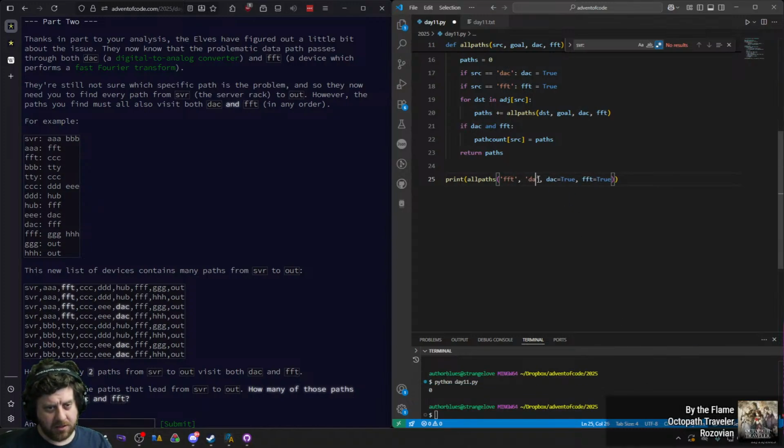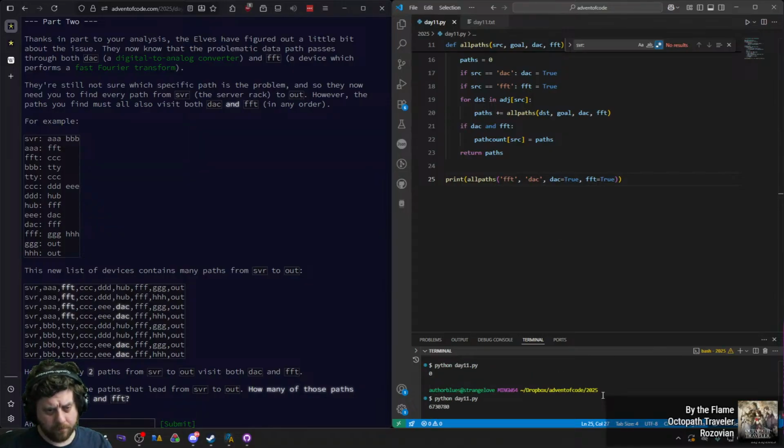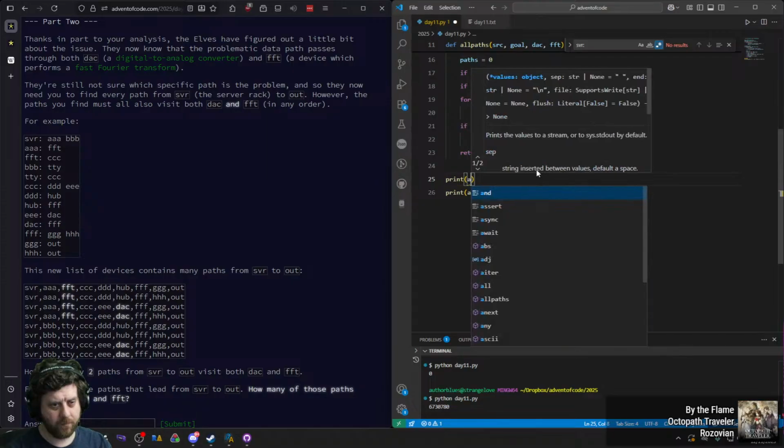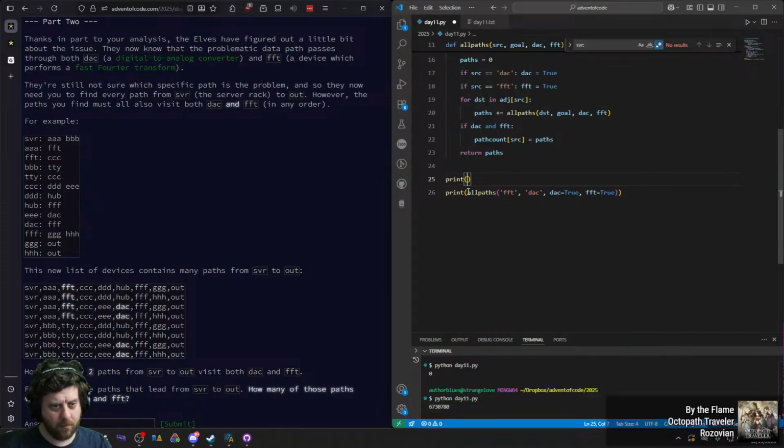And FFT to DAC, I get that many. So I think there is an implicit order. You can't even get from DAC to FFT. Oh, I understand why it's not working.